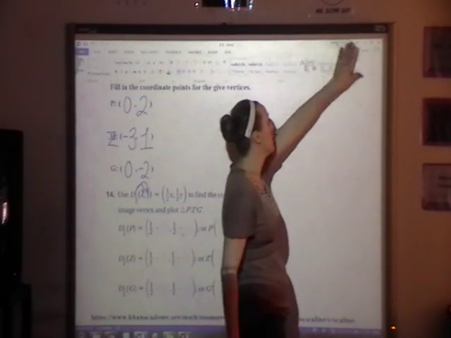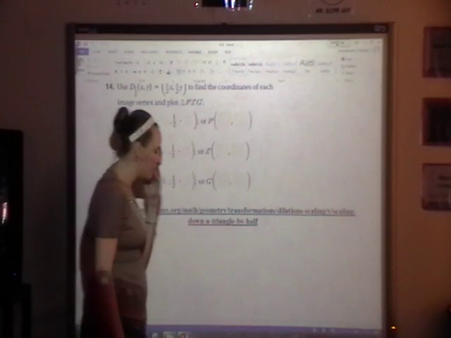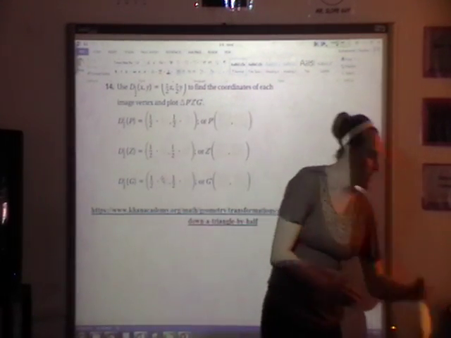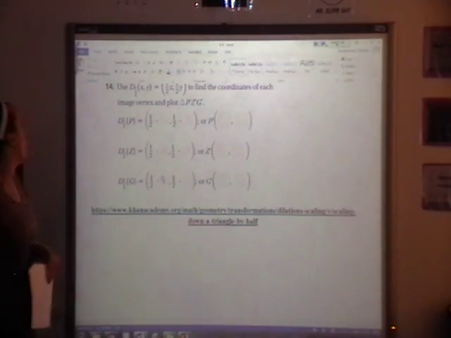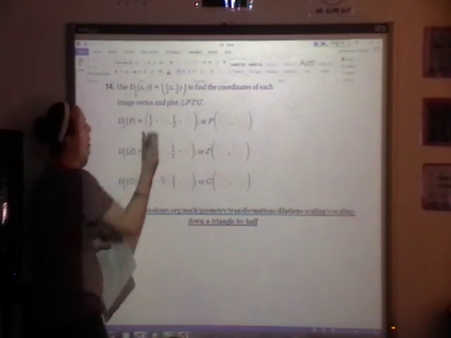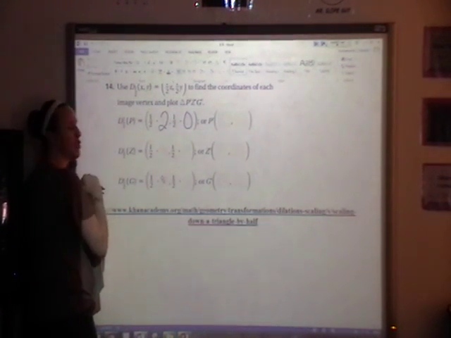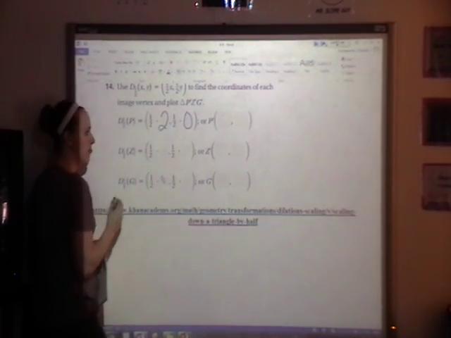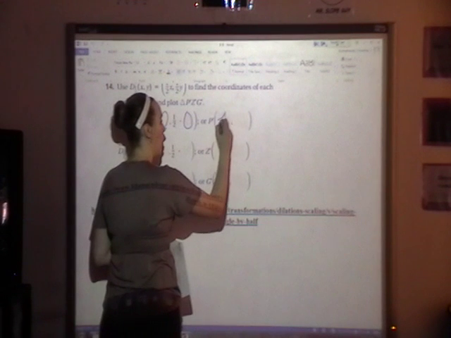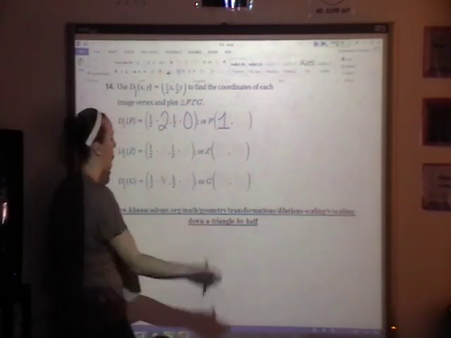So I'm going to erase this. I'm a stepper. So we're going to take the dilation of 1/2 of P. Our coordinate point for P was 2, comma 0. What's 1/2 of 2? 1.